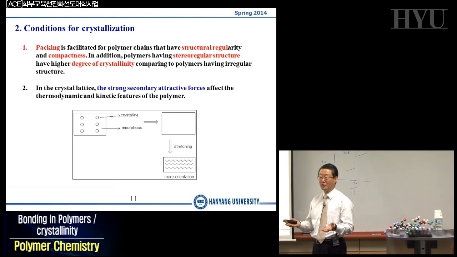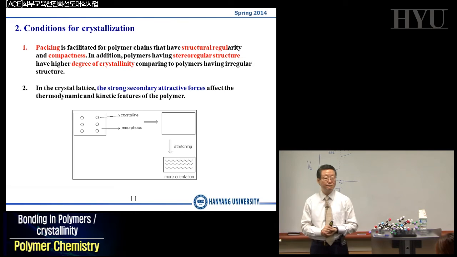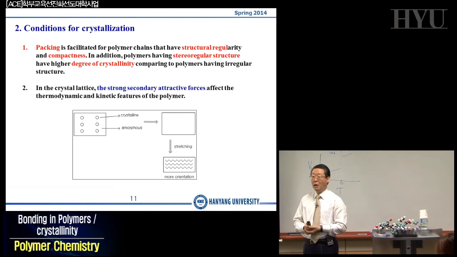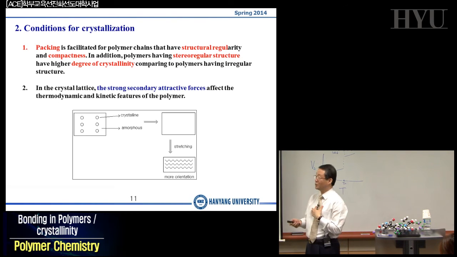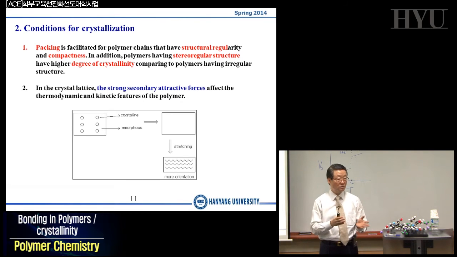So processing condition influences the crystallinity of the final product. And of course, the history: this is the same chemical structure between the two samples, but the history is different. History will make you different materials.